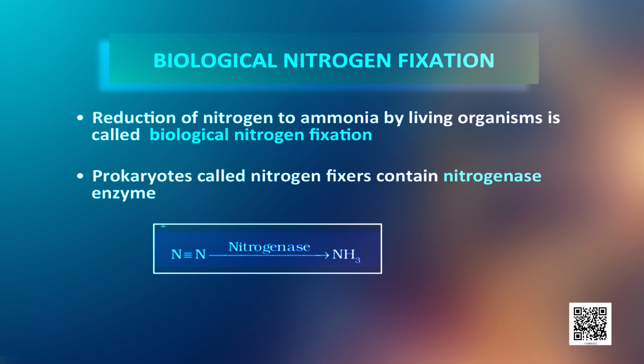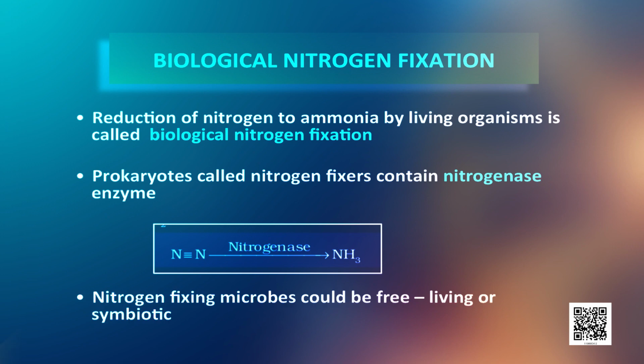Those microbes which contain this enzyme are called nitrogen fixers. You can see the reaction catalyzed by nitrogenase enzyme on the screen. We can classify nitrogen fixing microbes into two categories: free living or symbiotic. You have studied about rhizobium bacteria in your lower classes.